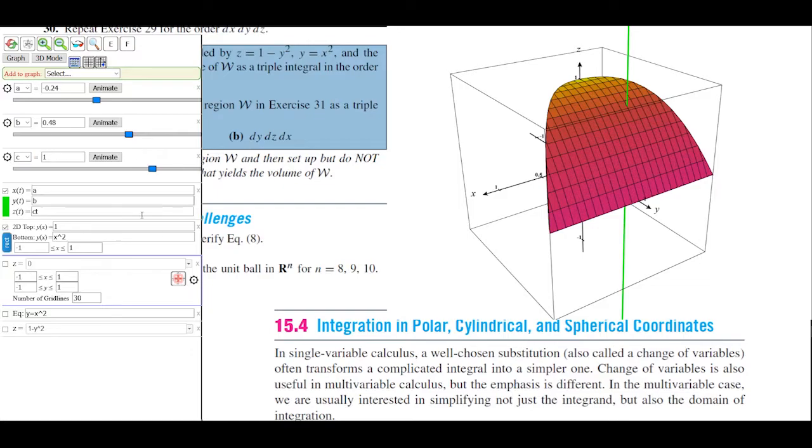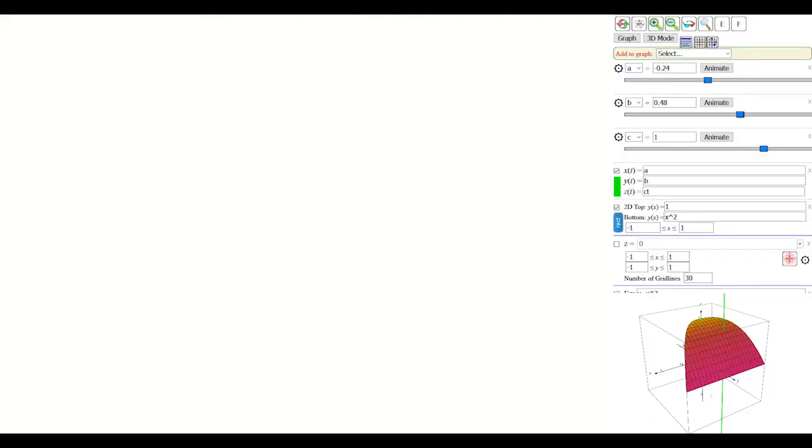So what I'm going to go ahead and do here is show you how we're going to build this triple integral. All right, so just rearrange my screen a little bit here so we can take a look at everything. So far we've identified what the top and bottom is. So right now for this part 1, we're going to go ahead and do the order, excuse me, I meant to say dz, dy dx.